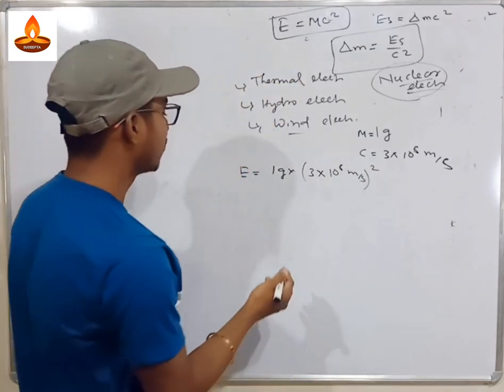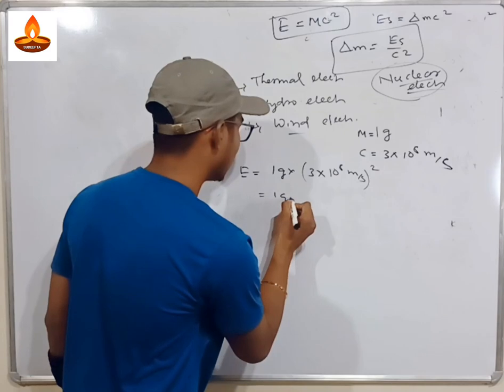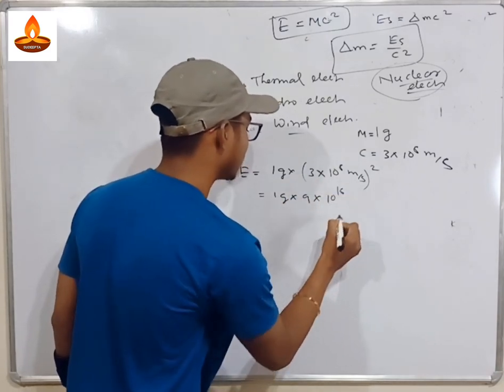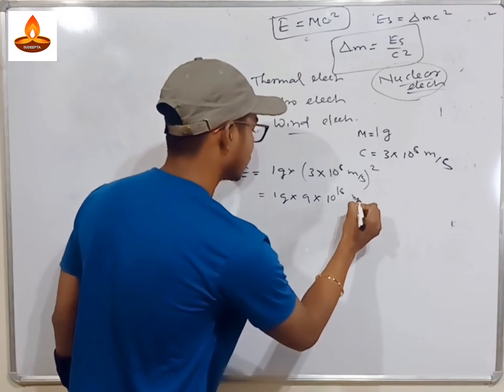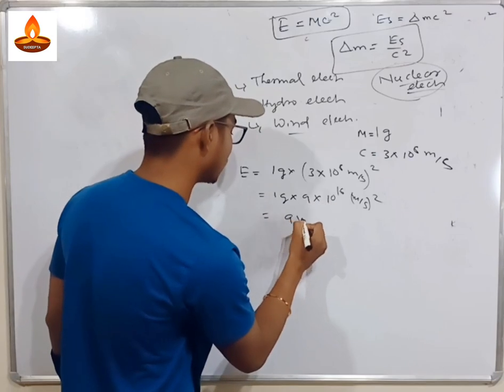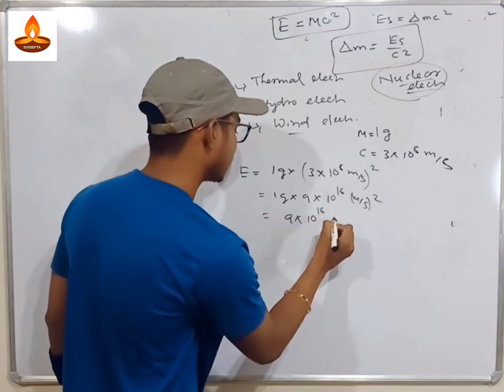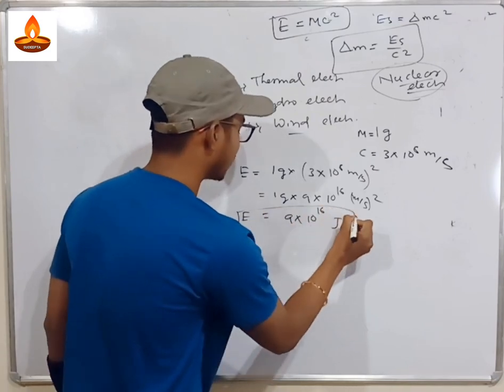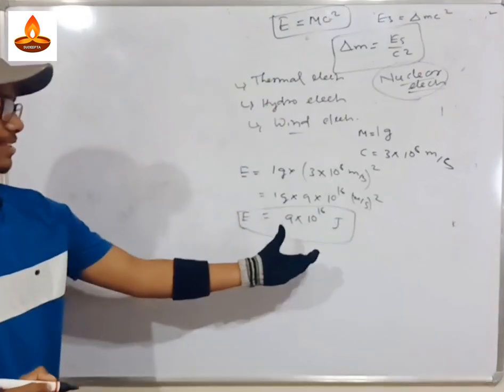What is the value of this? 1 gram, 3 squared is 9, into 10 raised to the power 16. So the total is 9 into 10 raised to the power 16 joules. From 1 gram of mass, we can get this many joules.